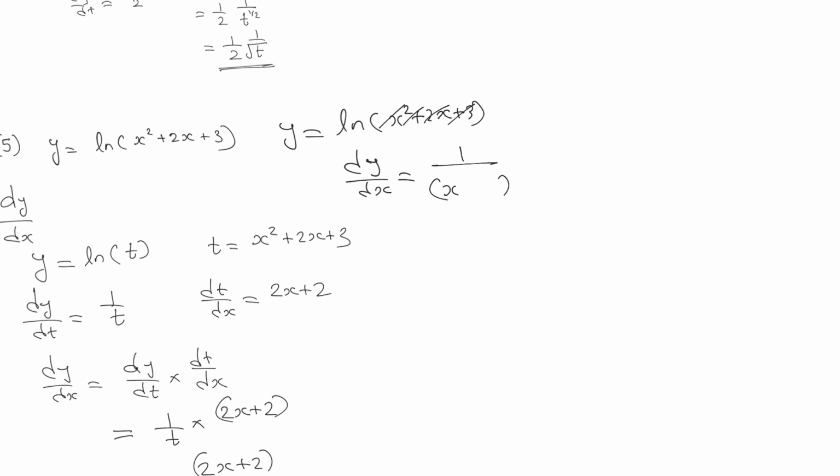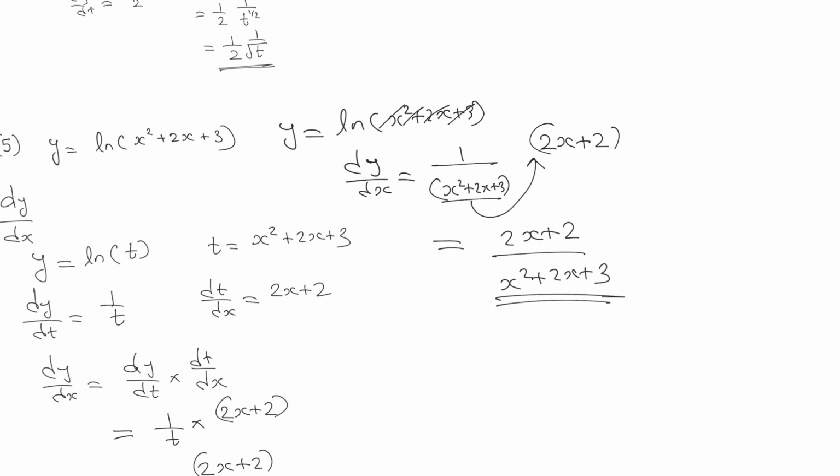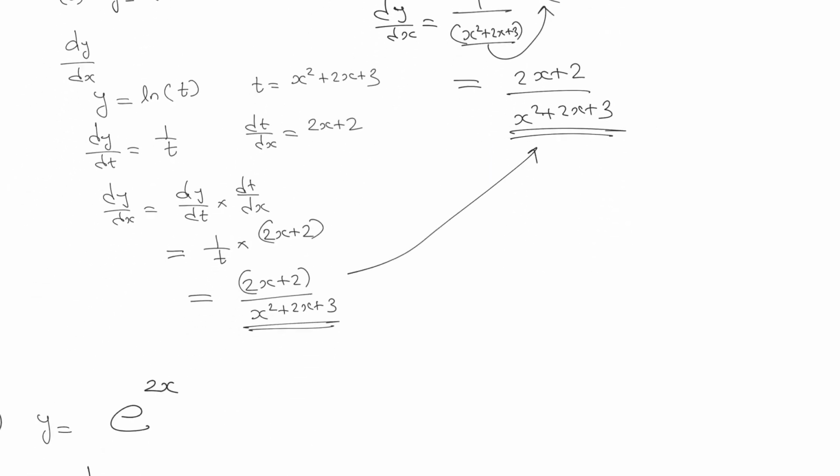Instead of x, we can write x square plus 2x plus 3. In the next step, we have to differentiate it and multiply it over here. Differentiation of x square is 2x, and of 2x is 2. So our final answer will be equal to (2x plus 2) divided by (x square plus 2x plus 3). So we can directly find out this answer.